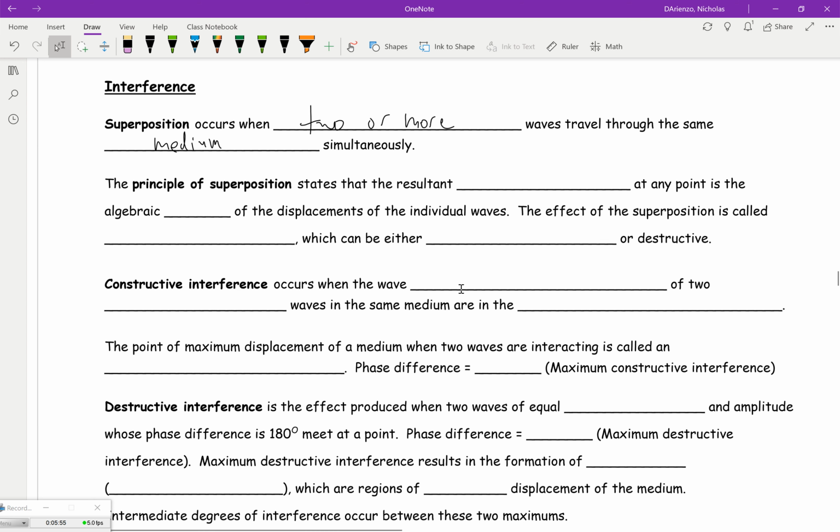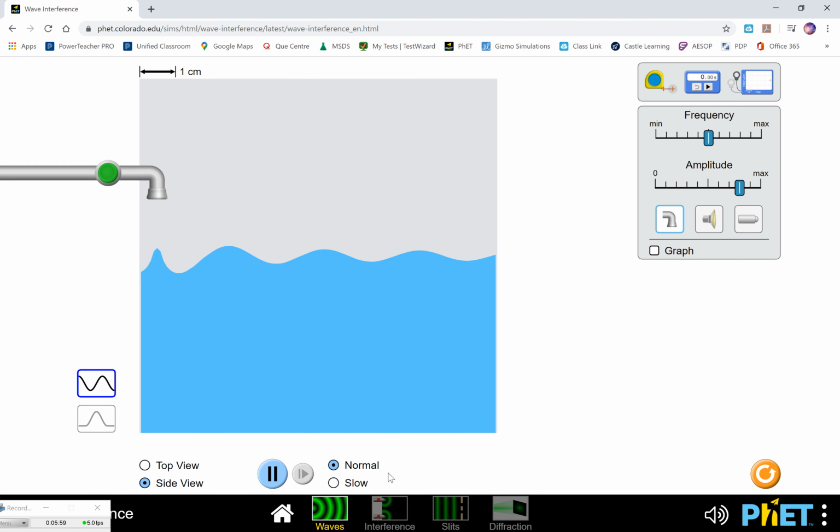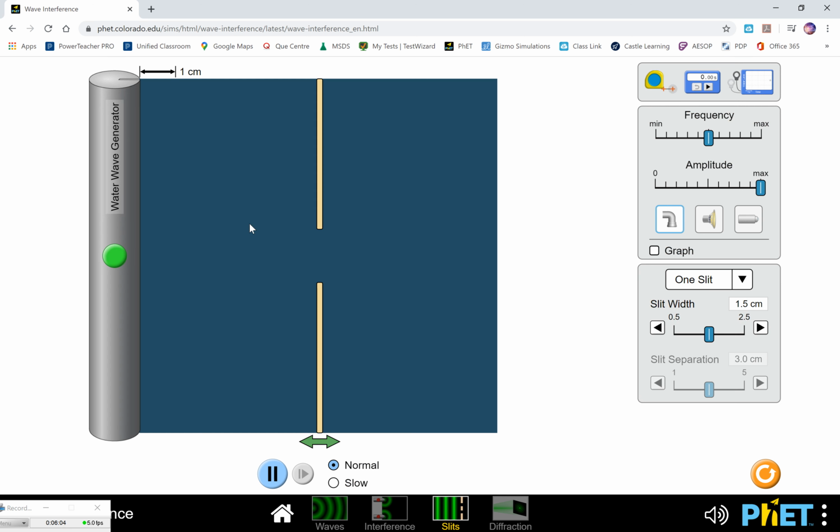So if we have one wave moving through an opening here, and let's say we were to do two openings here, we're going to have different wave fronts that come through these openings, and they're going to interact with each other.